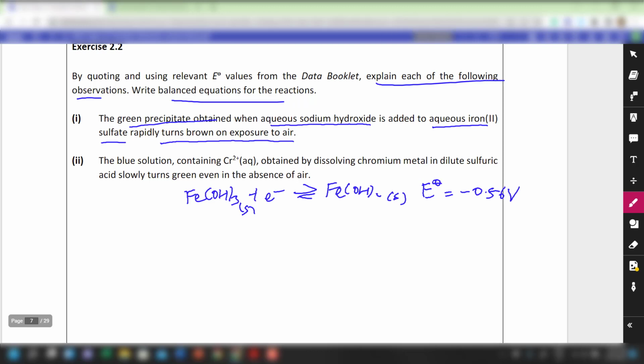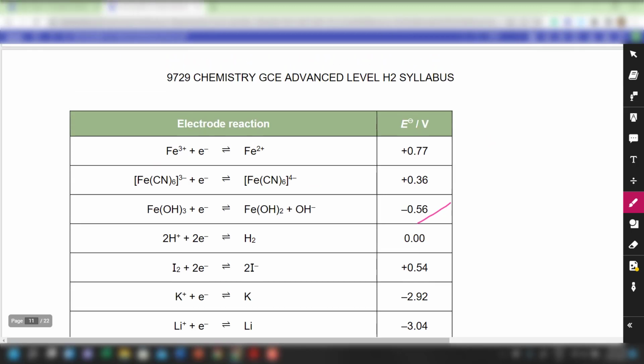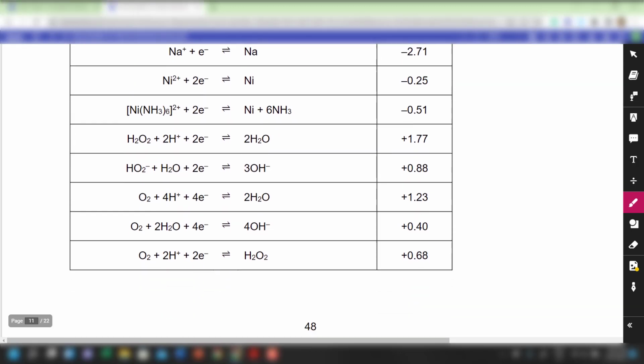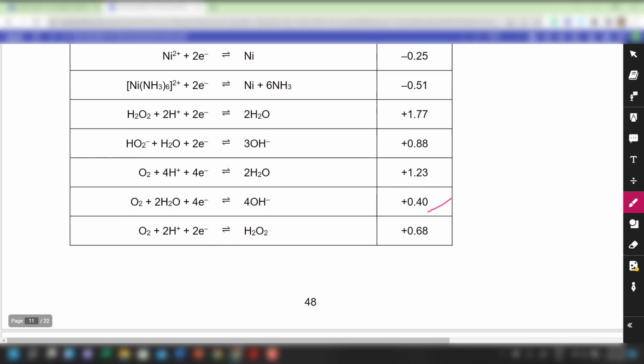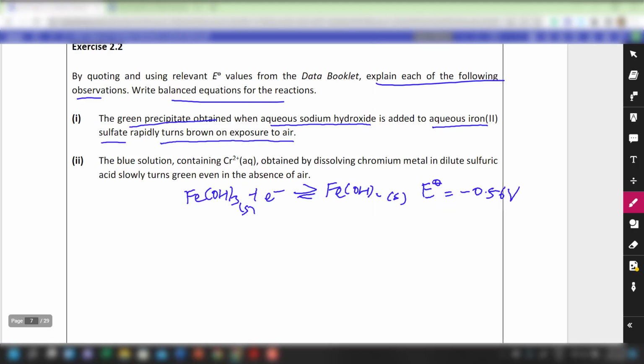Turning brown on exposure to air means that in the presence of oxygen, again the medium is alkaline, so we must choose the correct equation involving oxygen being reduced to OH minus. So it will be O2 gas plus 2H2O liquid plus 4 electrons equilibrates to give 4OH minus aqueous, and the reduction potential value is plus 0.40 volts.